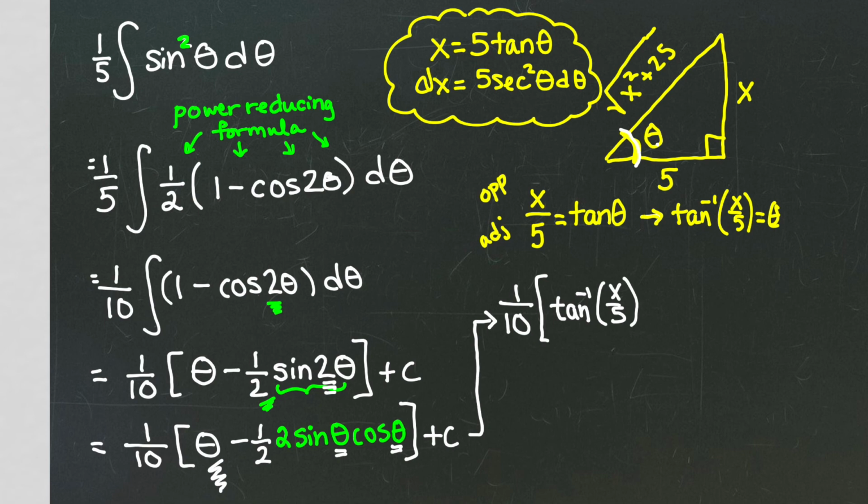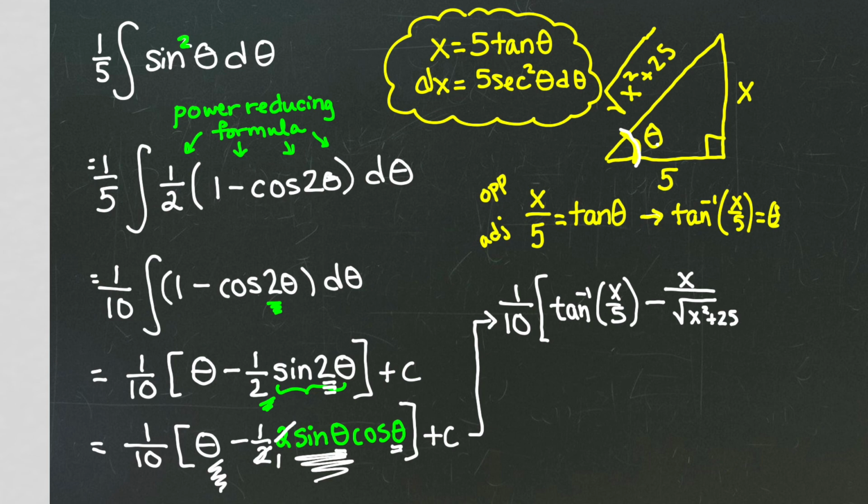How about the rest? Well, let me do a little cancellation here, right? So now what I have is minus, and now I have to put in sine of theta. The sine is opposite over hypotenuse, so hopefully you're putting in place of sine x over the square root of x squared plus 25.